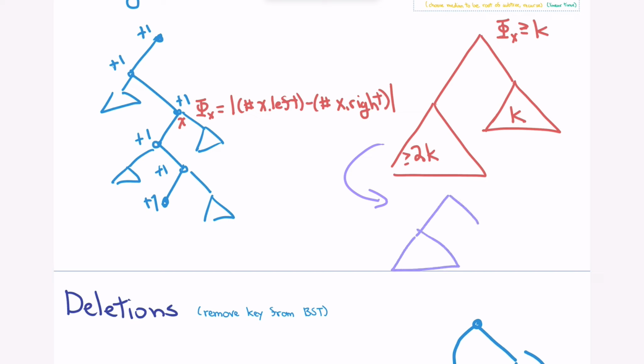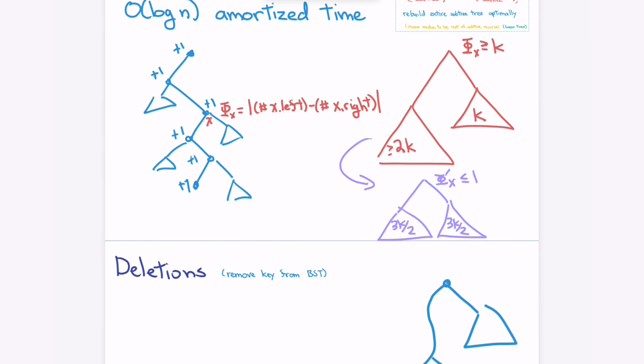This will be like 3k over 2, 3k over 2, and your new potential, phi prime of x, is going to be at most 1 or something. There might be an off by 1 kind of imbalance. So no big deal. Okay, so as I go from here to here, my potential will go down by k.